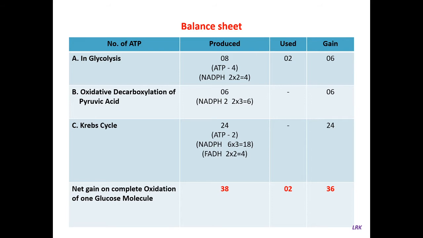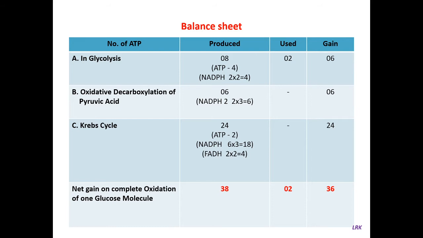Now if one molecule of glucose is burnt in a calorimeter, about 686 kilocalories of energy is liberated. Then we have only 36 ATP, and 36 ATP into 7.6 gives 273.6 kilocalories.